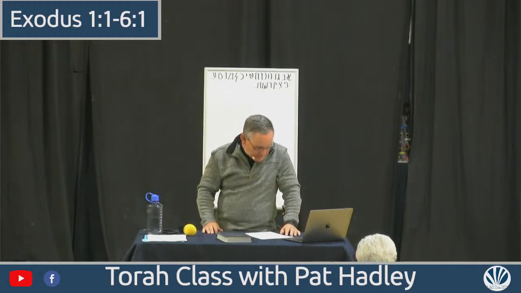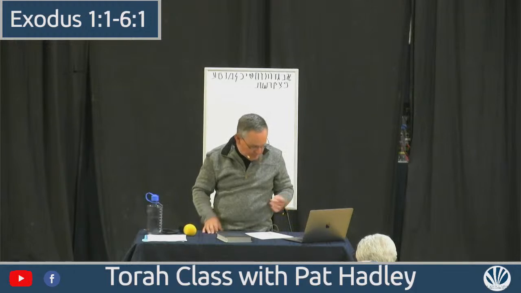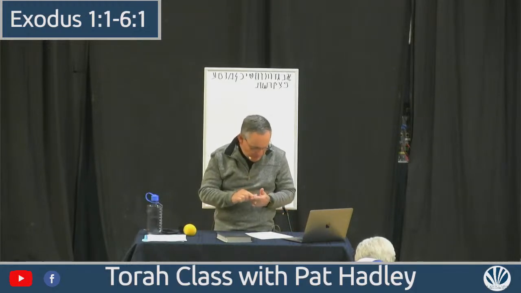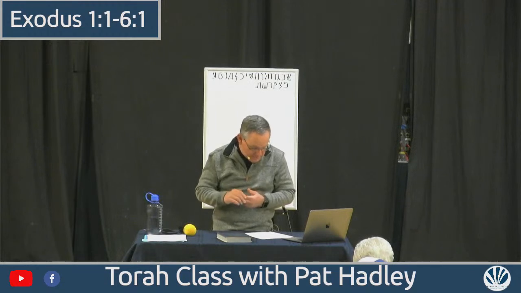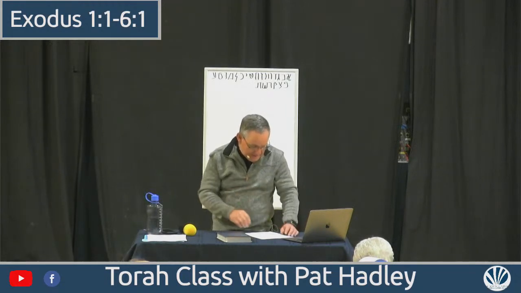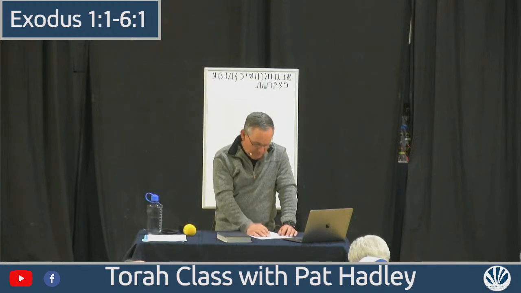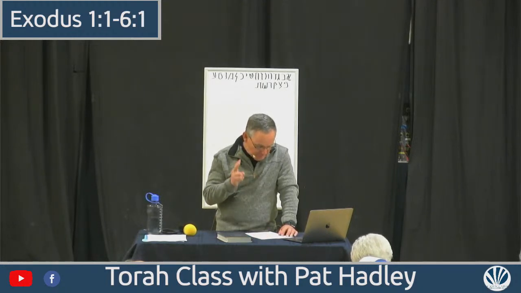Okay, now, something that I read in Dennis Prager's book on Exodus, in the notes there: the Israelites moving to Egypt set the stage for two of the most important events in world history, the Israelites' exodus from Egyptian slavery and the revelation of the Ten Commandments at Mount Sinai.